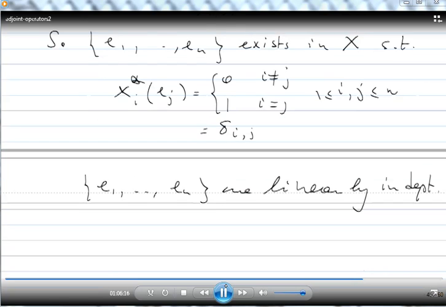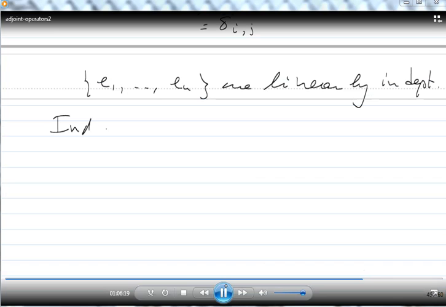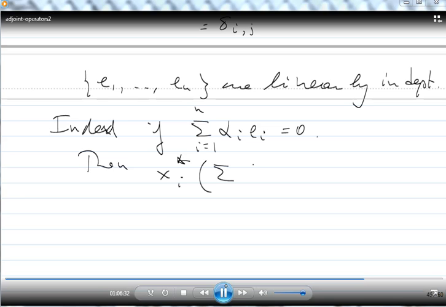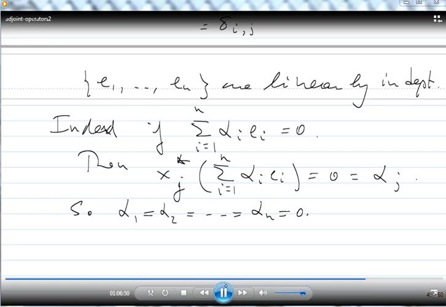Indeed, if the sum of alpha i ei, i from 1 to n, is equal to the 0 vector, then if you take xj star of the sum of alpha i ei, i from 1 to n, equal to 0, this is exactly alpha j for any j. So this tells us alpha 1 equals alpha 2 equals ... equals alpha n equals 0. So you are now in X, and you have a linearly independent family.